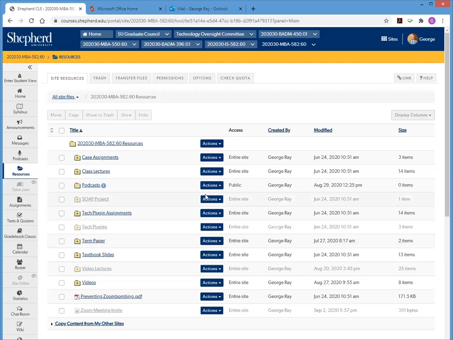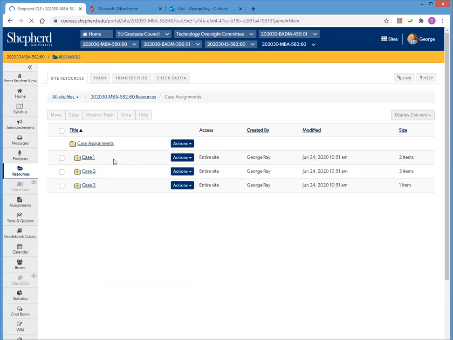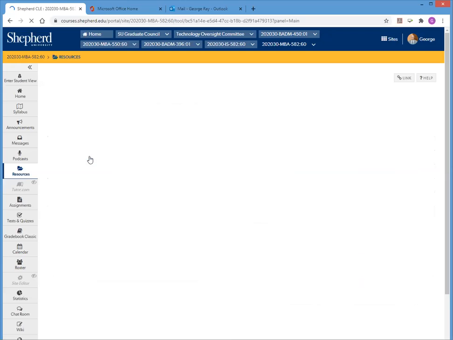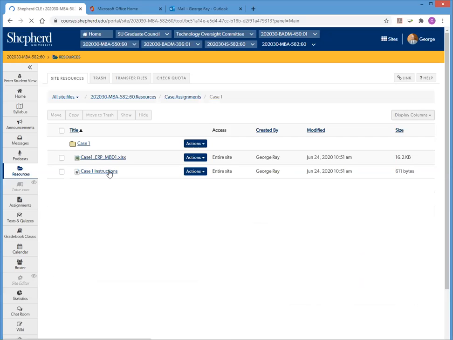Under Resources, under the Class Assignments folder, click that. You'll see three cases. The one we're doing today is Case 1. And for Case 1, here are the instructions for doing it.